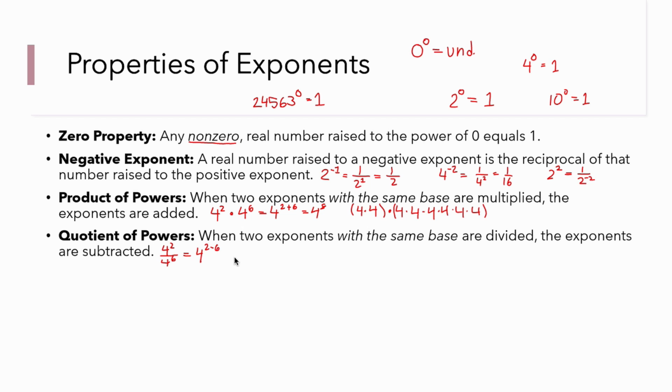Yes, we subtract it, which is equal to 4 to the power of negative 4. Now, using the negative exponent property, we can simplify this to 1 over 4 to the power of 4, which is equal to 1 over 256.